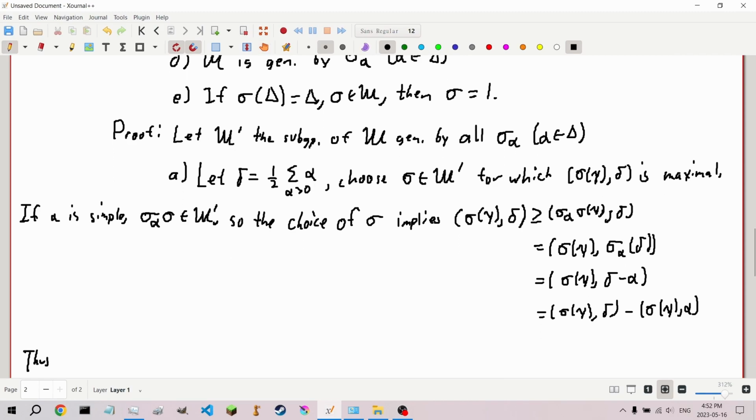Thus, the form of σ(γ) and α is positive for all α in our base.